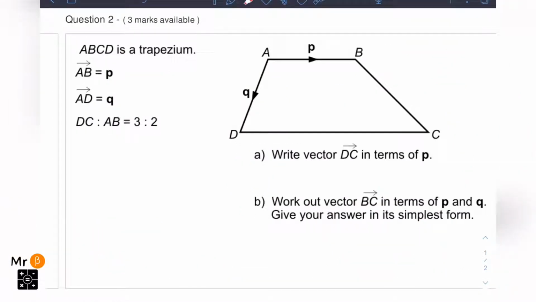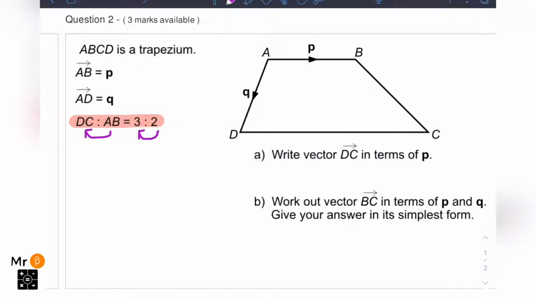So question 2. Part A asks us to write the vector DC in terms of P. In order to do that, we need to have a look at this ratio here. So it tells us that DC to AB is this ratio 3 to 2. Again, we can have a look at our scale factor. So how do we change our length AB to our length DC?